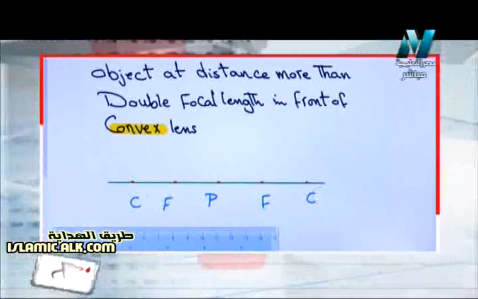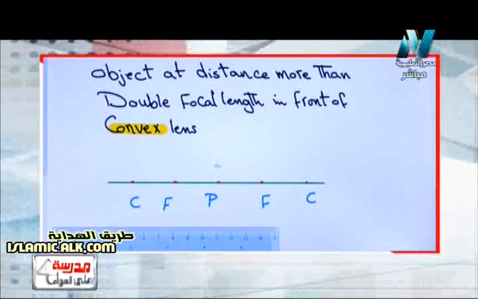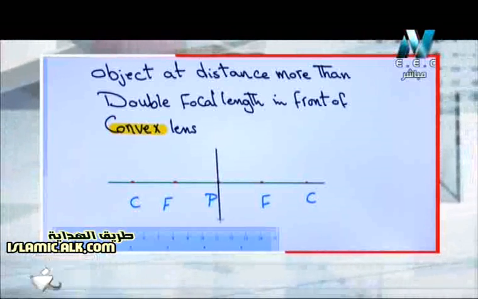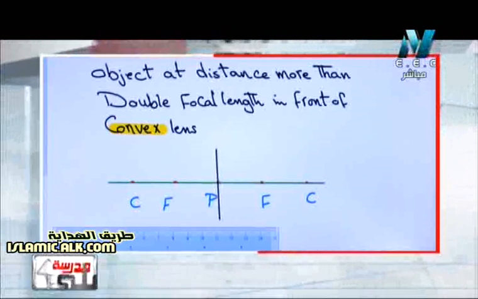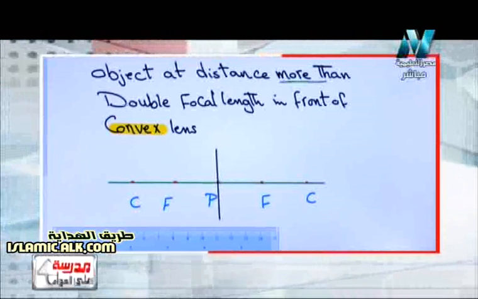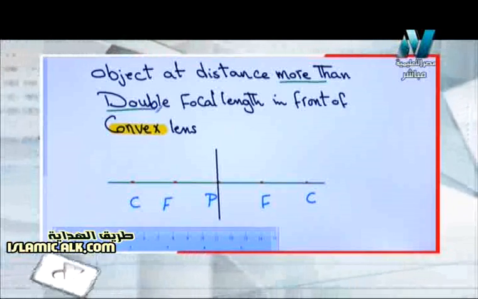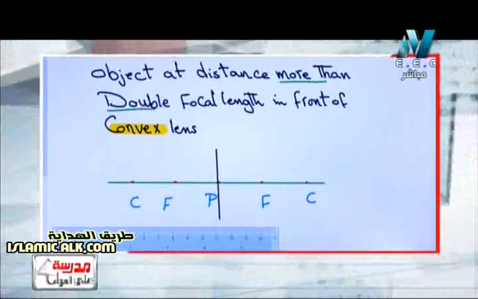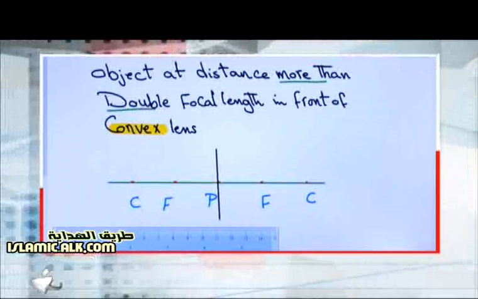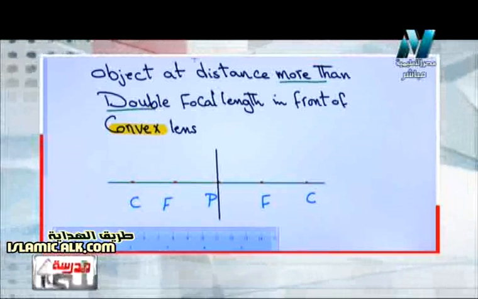By ruler we draw the imaginary line so I know when refraction will happen. Here it says the object at a distance greater than double focal length, meaning after the center of curvature. Object after center of curvature in front of the convex lens.